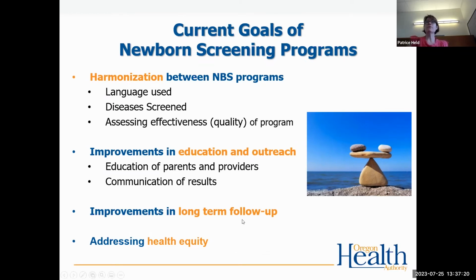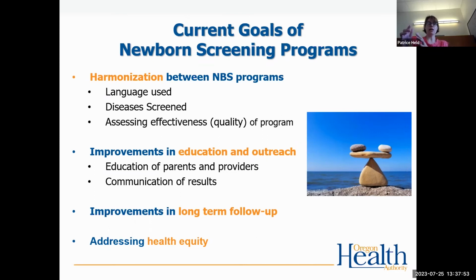And then lastly, a fourth current goal of newborn screening programs is in addressing health equity. So I think we maybe innocently assume that because every baby is screened that we've achieved health equity. But what we are now realizing is that even though 97% of babies are screened, not all of them have the same outcomes, and largely that is due to health inequities in our system.